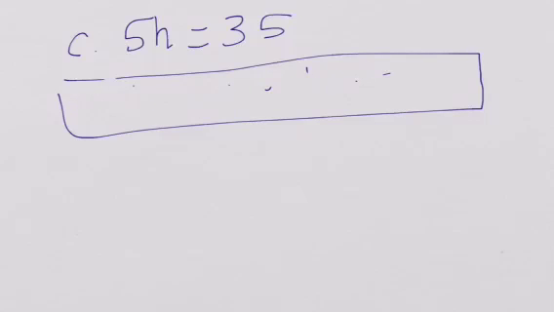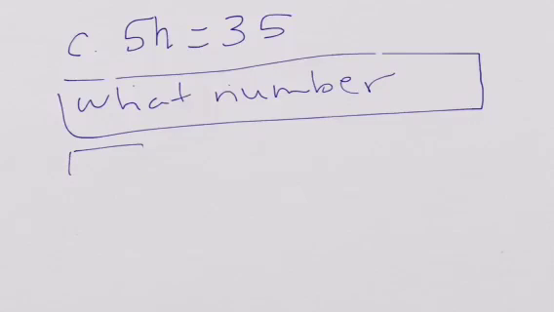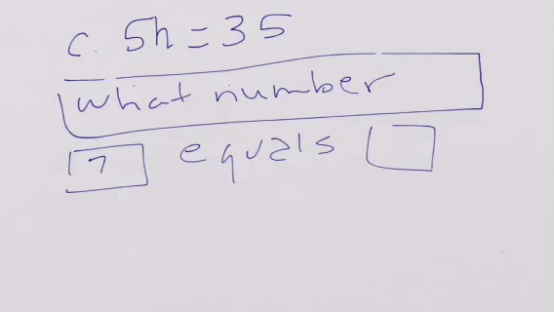That was confusing. Okay. We have what number, that's what goes in that first blue box. What number minus 7 equals 4? And then we can figure that part out.